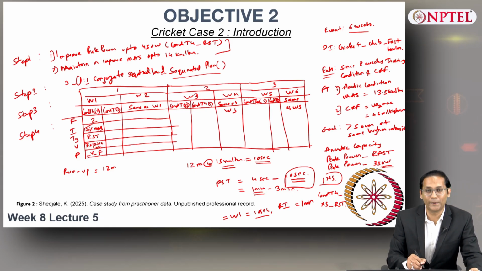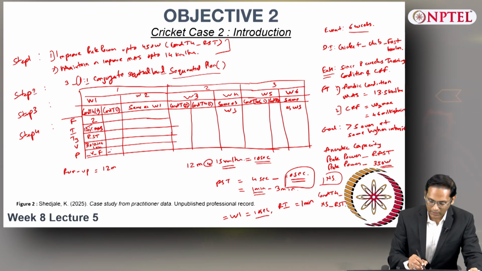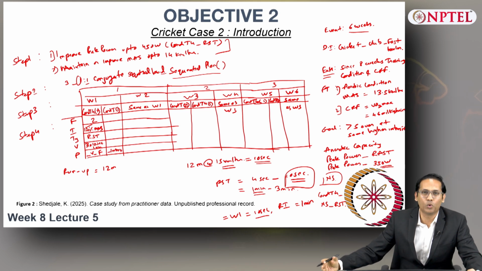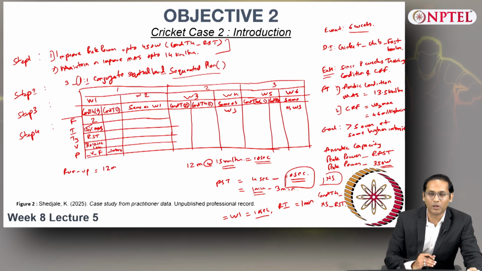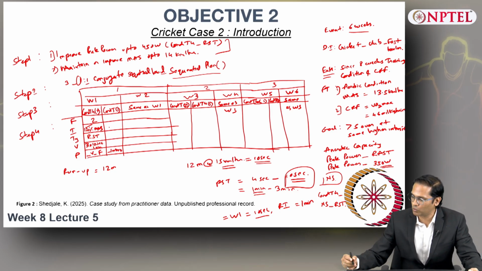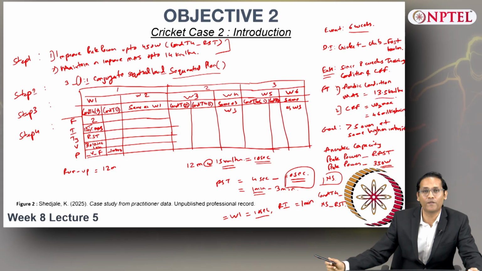Now for aerobic conditioning, the progression would be with respect to intensity, because in the previous block the program ended with an intensity of 13.5 km per hour. Now here the program would start with an intensity of 100% of MAS, which is 13.5 km per hour.